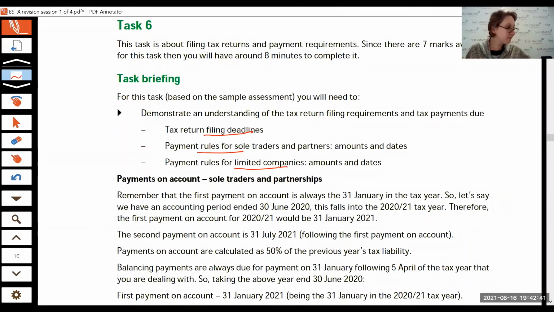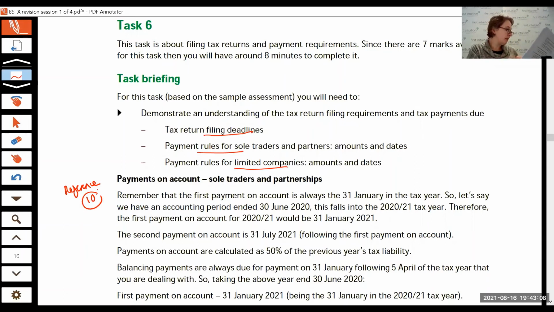Another great thing is this wonderful reference material, which tells us all this. To be honest, it's all there. Section 10 in the reference material is headed up Payment and Administration, Sole Traders and Partners. So it tells you the dates for filing of tax returns.